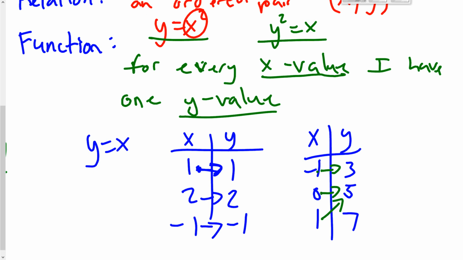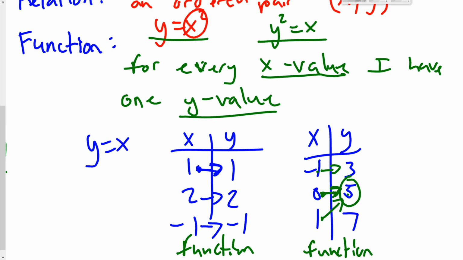Even though I have 0 and 1 going to 5, I still just have one x to one y. Okay, so this would be a function, because I have one x going to one y. Even though they're going to the same y here, I still only have x equals 0 going to 5 and x equals 1 going to 5.